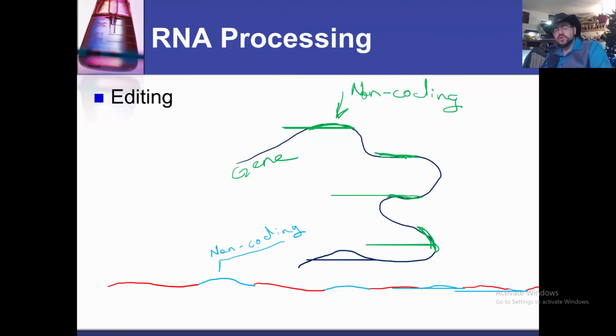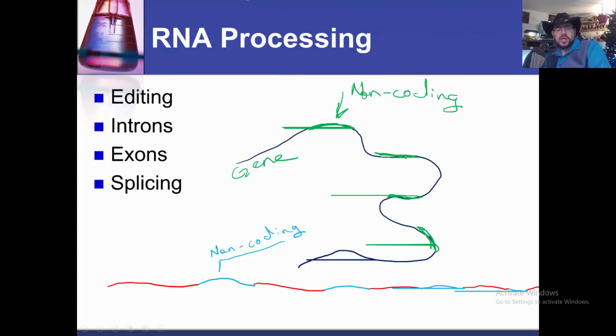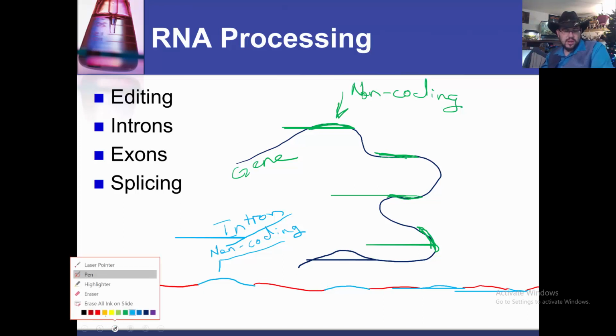So we're going to remove our non-coding regions. We separate out our coding and non-coding regions into introns and exons. Then we remove the introns and splice together the exons. So this non-coding region on the transcript is called an intron, and we just cut out the introns. These coding regions are known as exons.